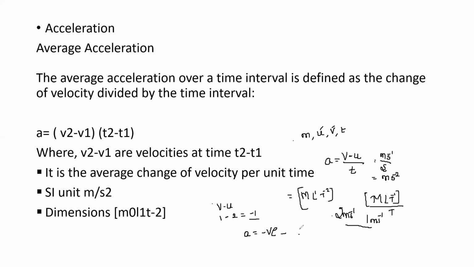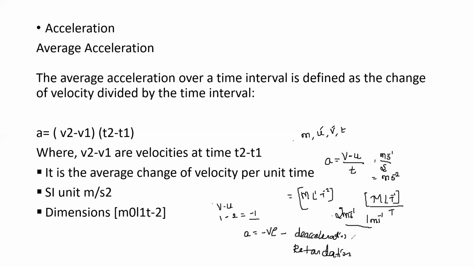So the negative acceleration is called deceleration, or we also call it retardation, which means that the velocity of the body is decreasing with time. Okay, so this is the expression, and here is the SI unit and dimensional formula.